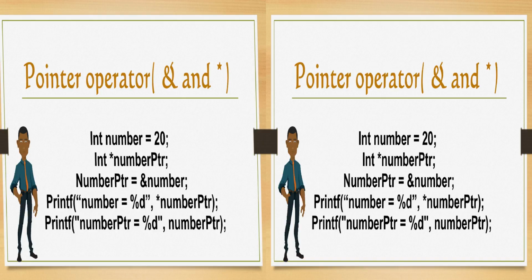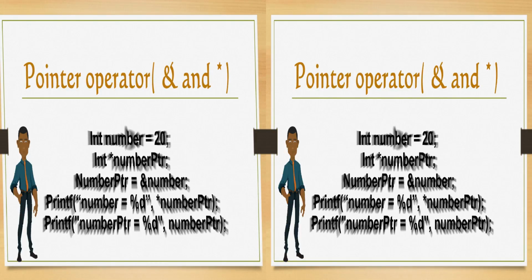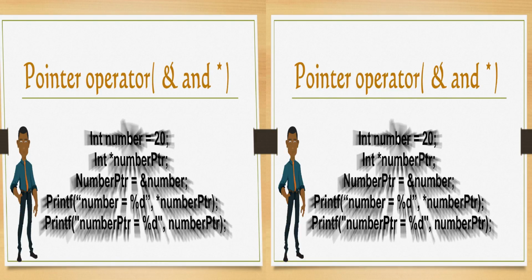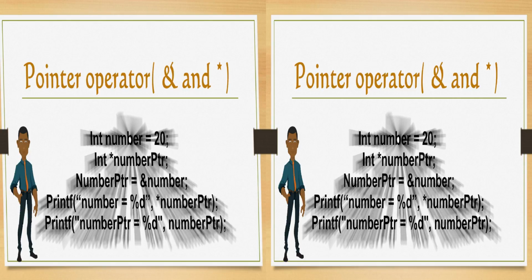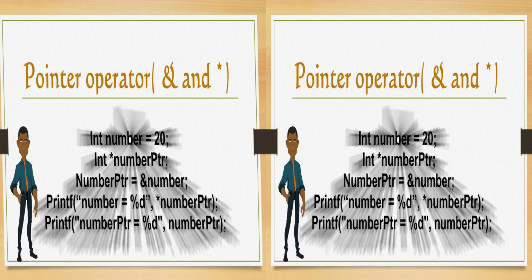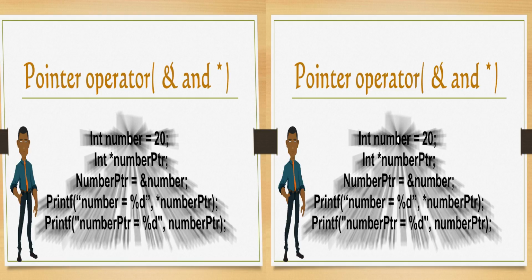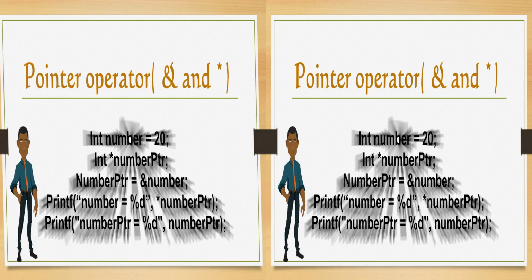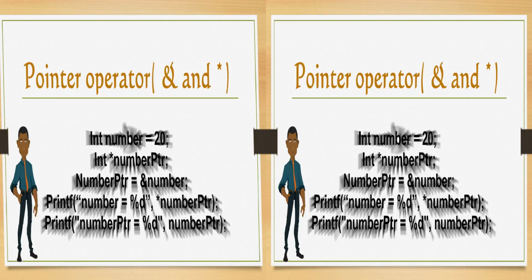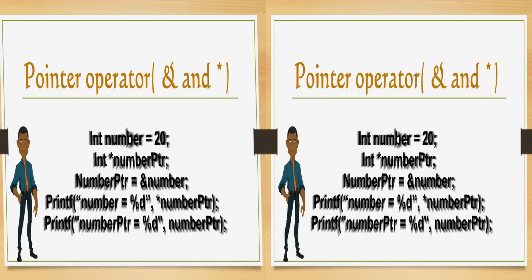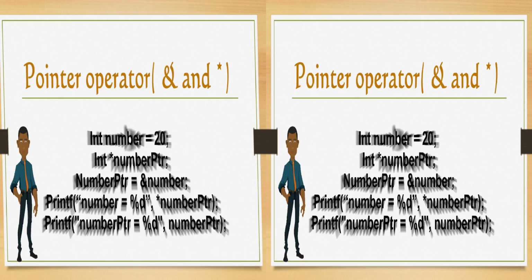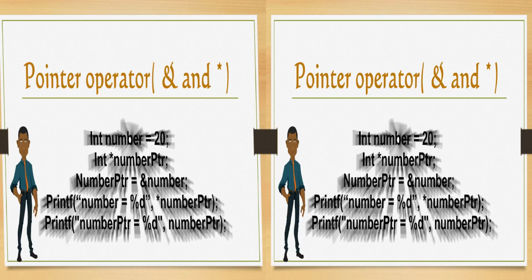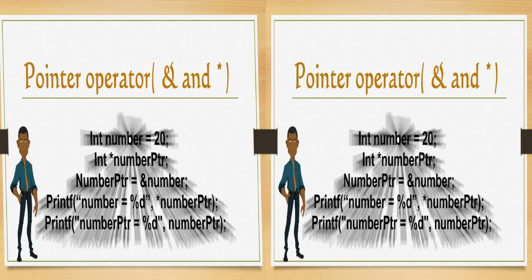When we use *number_ptr, we can see that the number is 20. In the fifth line, we print number_ptr equal to %d and use the variable number_ptr, but we don't put the star like in the fourth line. If we do not put the star, the output will be number_ptr equal to 2358852. That is the address of the variable holding 20.